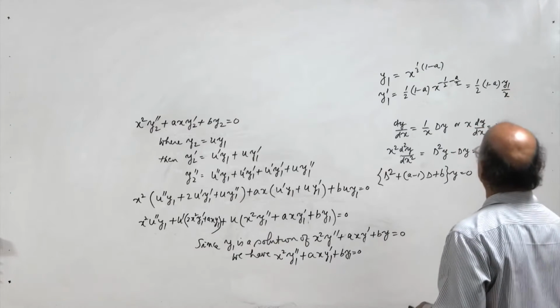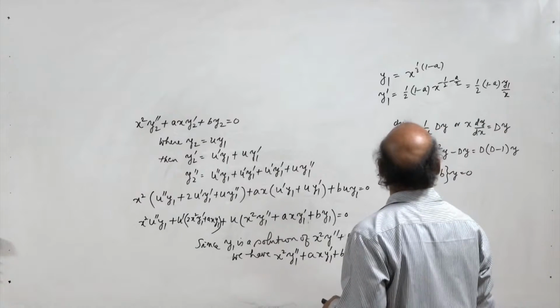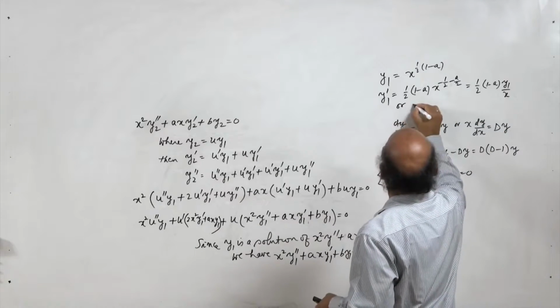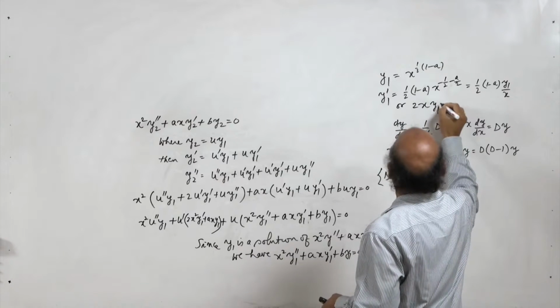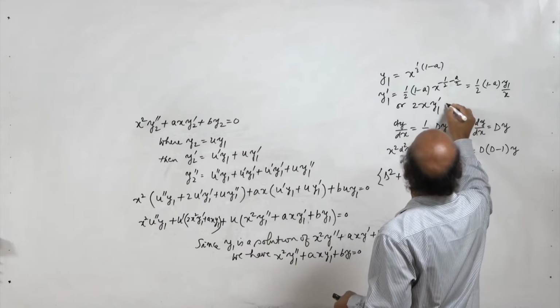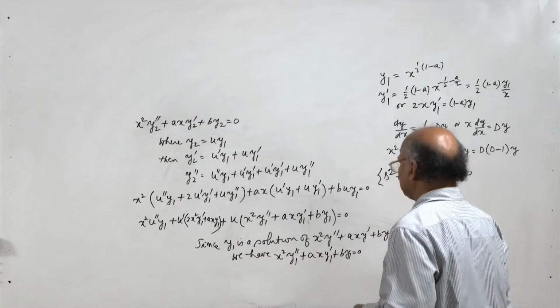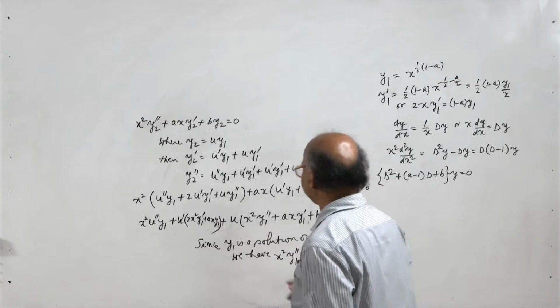So, we get 2 x y1 dash equal to (1 minus a) into y1. So, let us see what we get now.